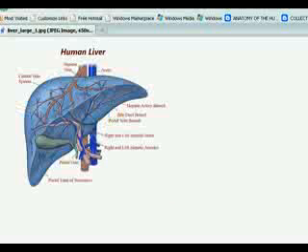The liver has an enormous capacity for storing vitamin A, mostly in the form of retinol palmitate.